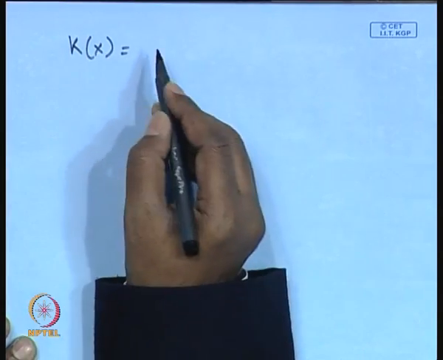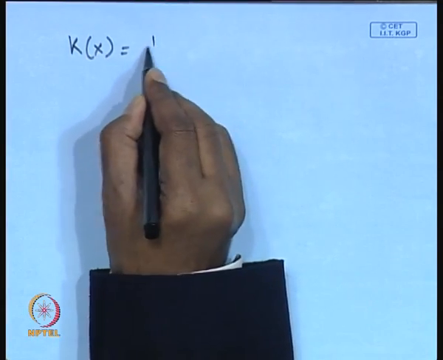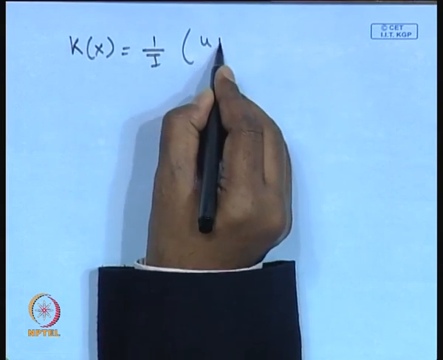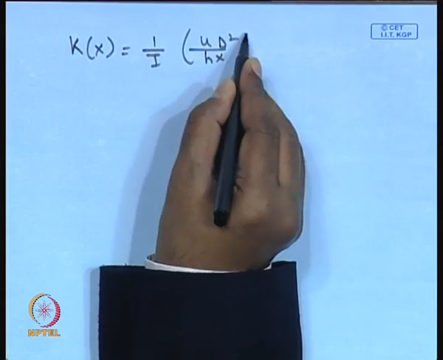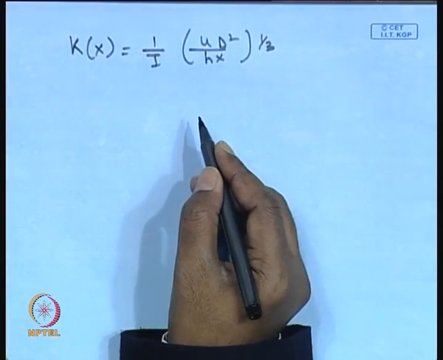So the k, if you remember, the expression of the mass transfer coefficient was 1 over I times u d square by h x raised to the power 1 upon 3, from the similarity solution.